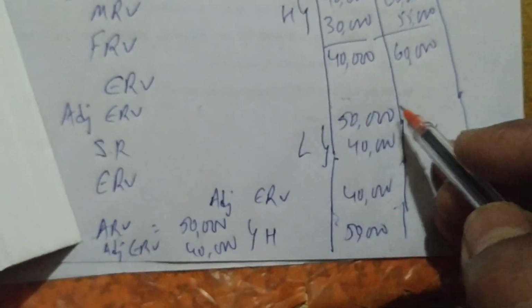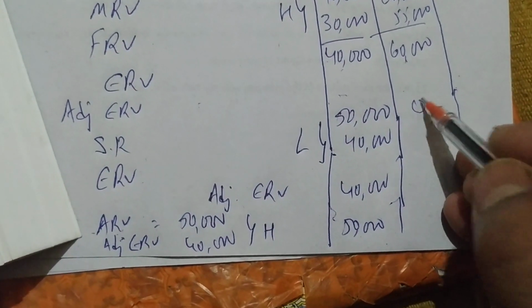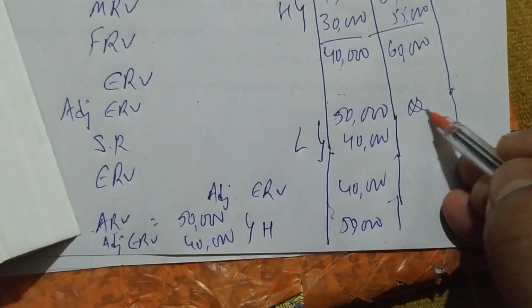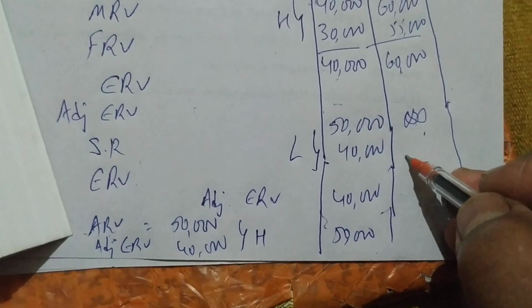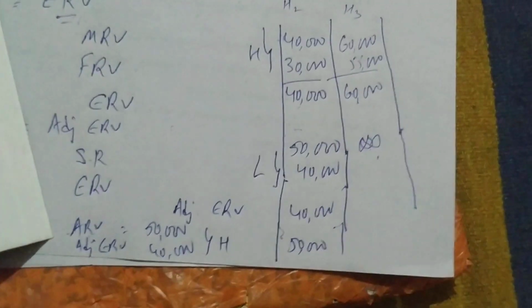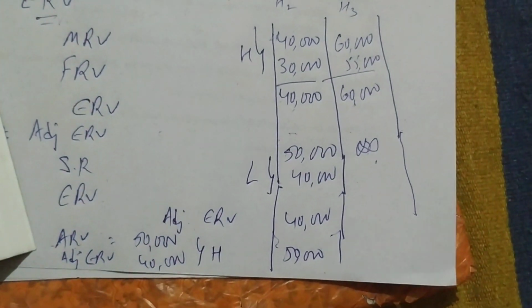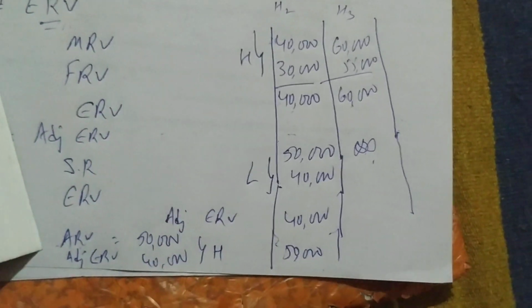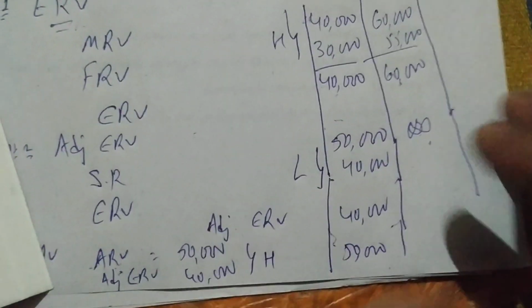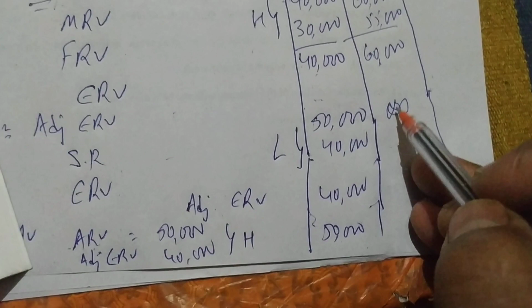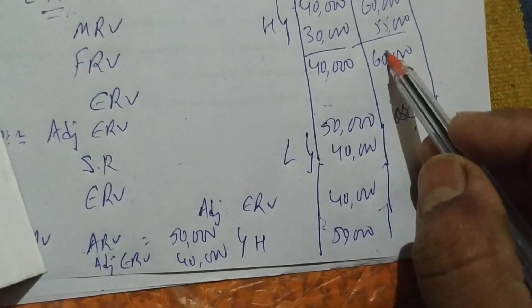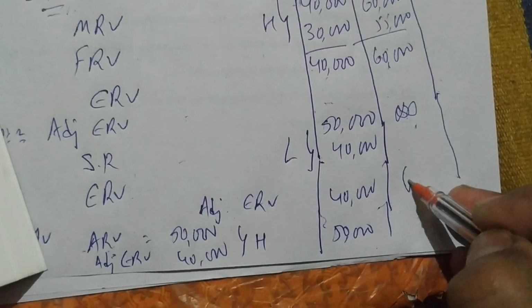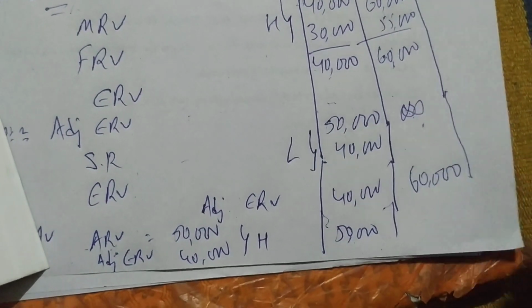We cannot consider standard rent as 0. So you have to take this 60,000 same. So adjusted ERV equals 60,000.